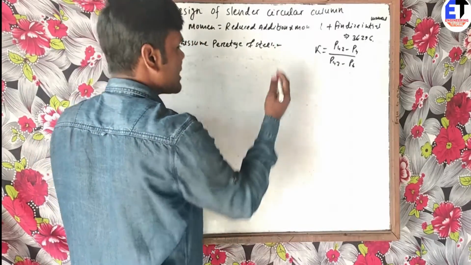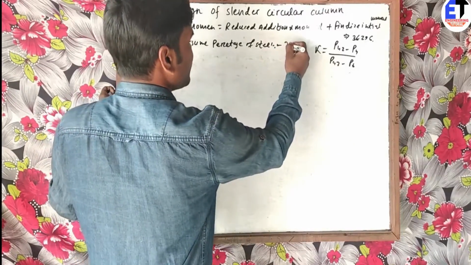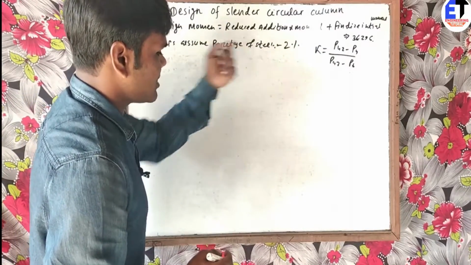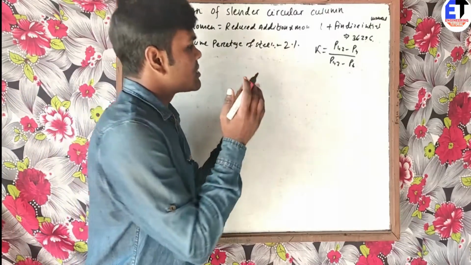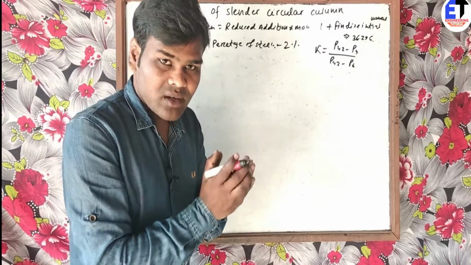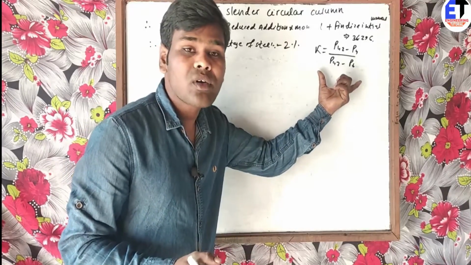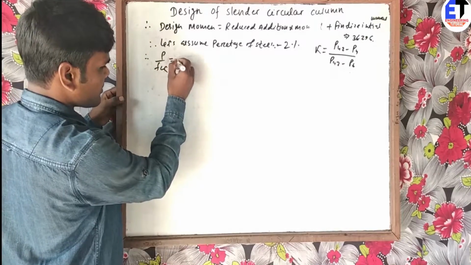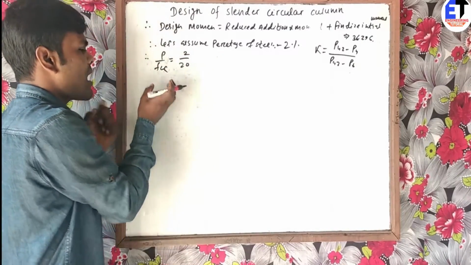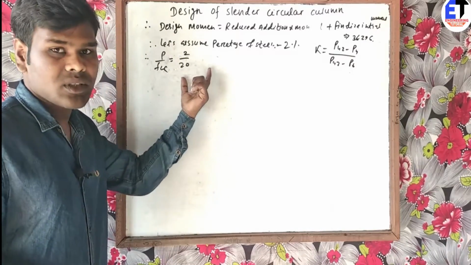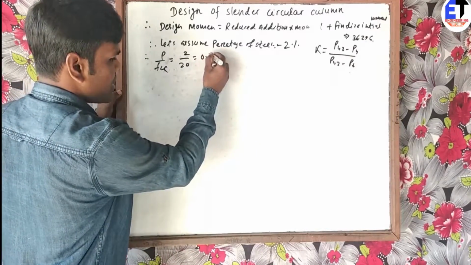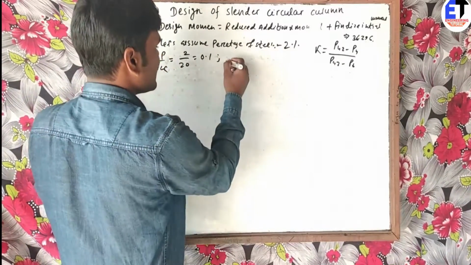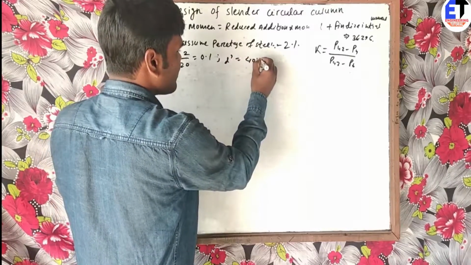So I have assumed the percentage of steel as 2%. After assuming the percentage of steel, there is an expression we have to calculate before calculating the value of k. So let's say P by fck is equal to 2 by 20. Our characteristic strength of the concrete is 20, which is given in the question, which gives 0.1. And let's assume the effective cover of the column, d dash, is equal to 40 mm.